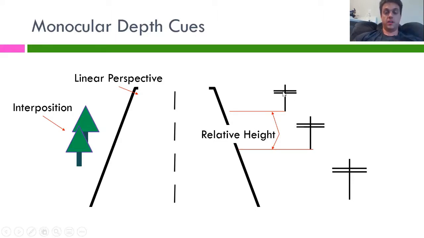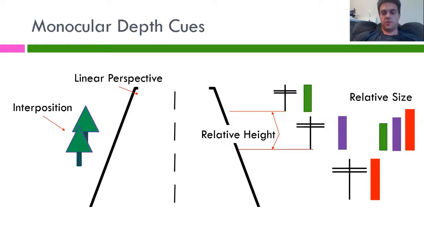Next one is going to be relative height. So because this electrical thing is farther up in our visual field, that tells us that it's farther away than these two, right? Remember, stuff that appears higher in our visual field looks like it's farther away. Then the last one is going to be relative size. It's a little bit subtle here, but here's some comparison if you need it.